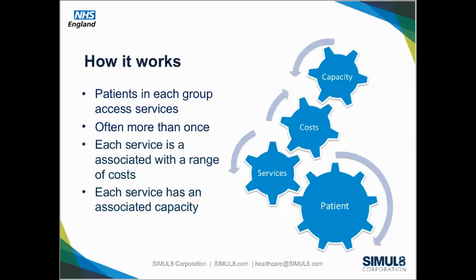And as they move into those different areas, then they start to need different levels of services, different frequency of services, and each of those services has a cost associated with it, and a capacity associated with it.